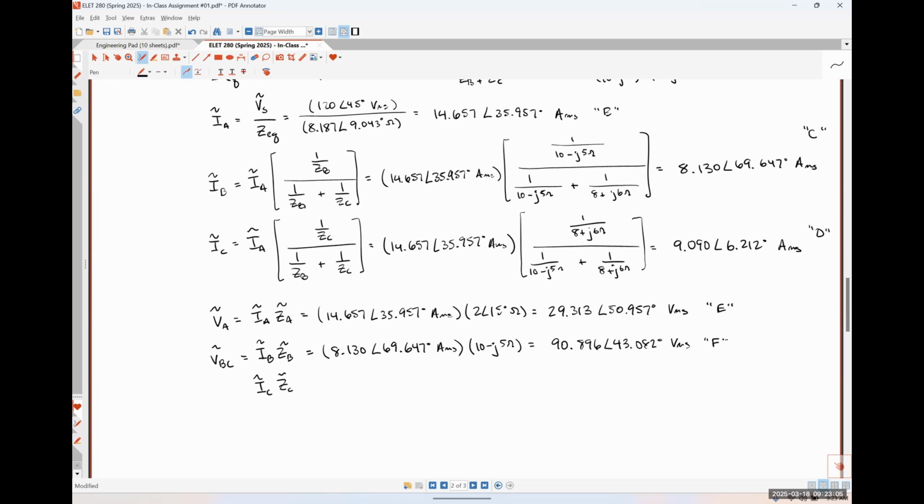And just for the hell of it, I'm going to put in IC times ZC in my calculator and make sure I get the same result. So, let me do this the easy way. What I have stored is D times 8 plus J6. And I did indeed get the same result.